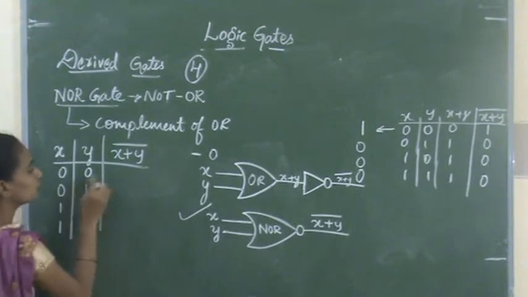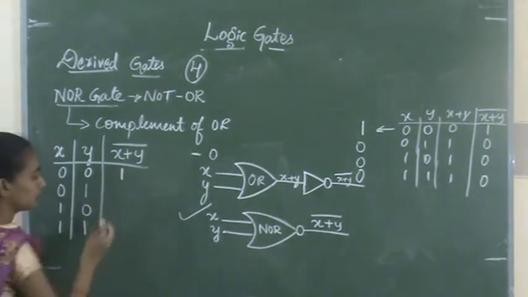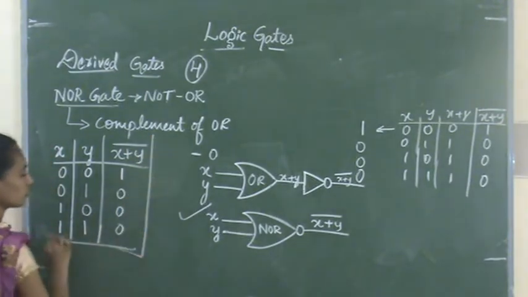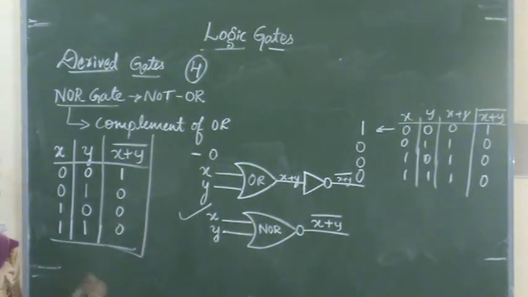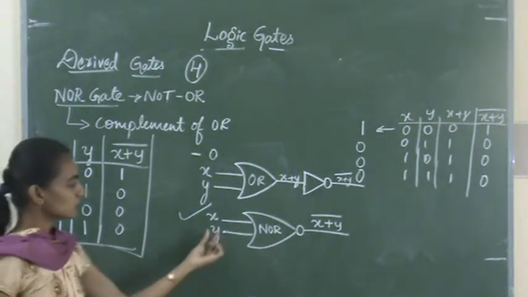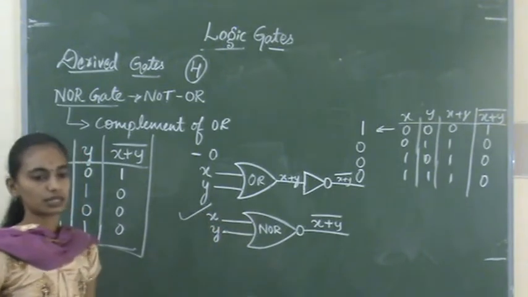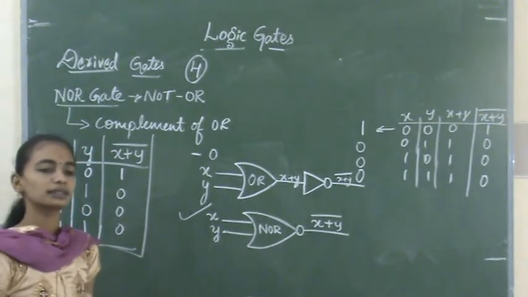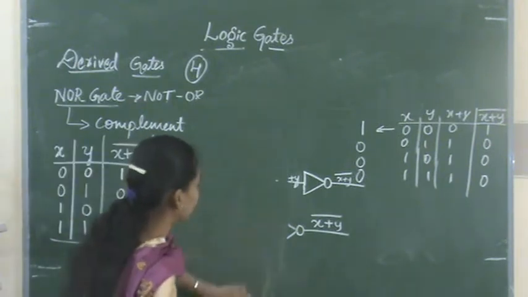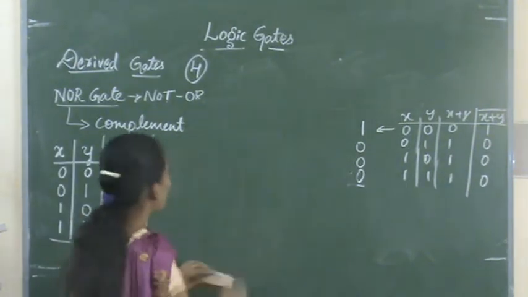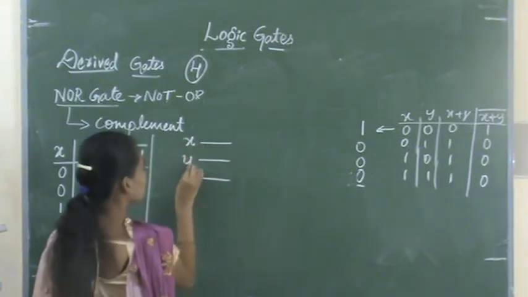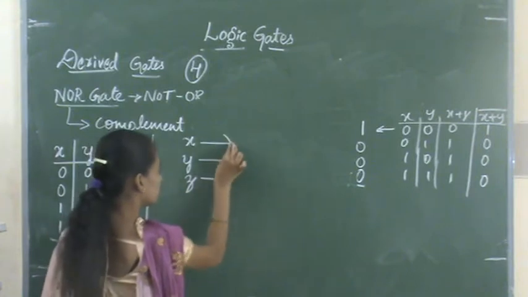So when both the inputs are 0, the output will be 1, the remaining are 0. Like this, we are representing the truth table for two input variables. Suppose I have to provide a three input variable. How to write that three input gate? I just have to provide the three inputs X, Y, Z.